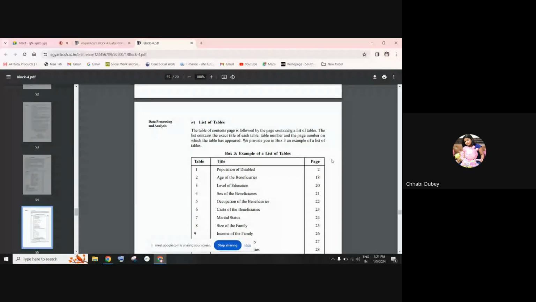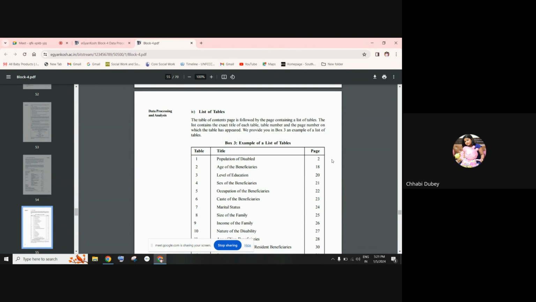After that, we will come to the list of the tables. So the different tables that you have incorporated in your research would be written, and a list will be made for each table, and the page on which that particular table is given will also be mentioned.